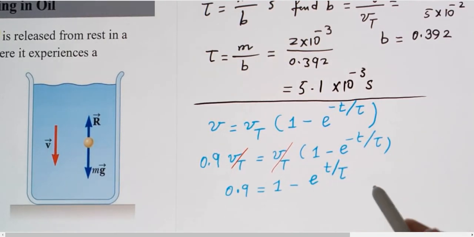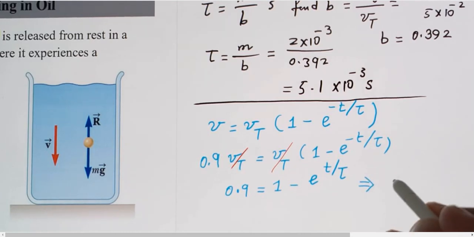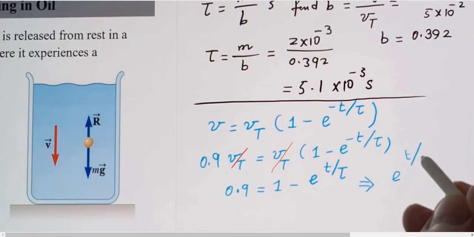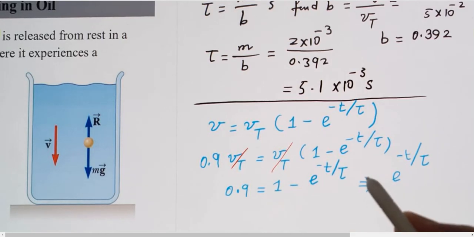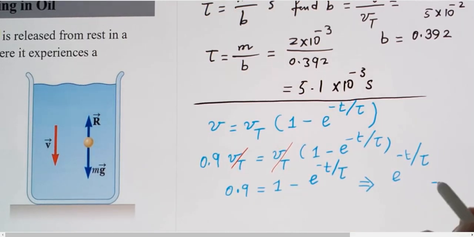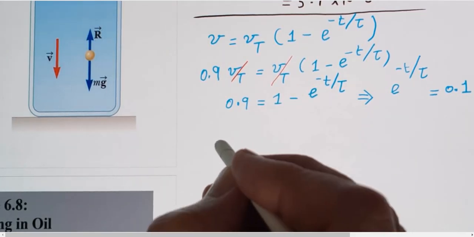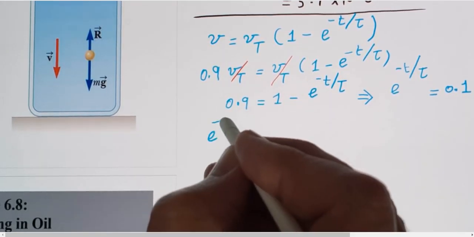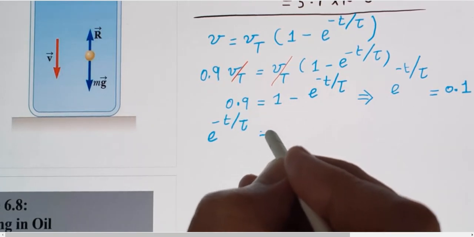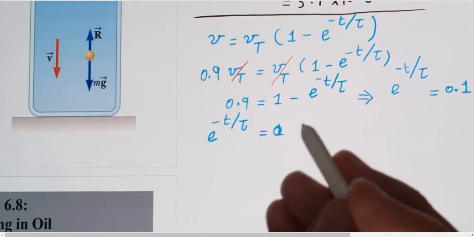Well, that means e to the power minus t over tau is equal 0.1. So 1 minus something is equal 0.9. That means this something is 0.1. طيب, so e to the power minus t over tau is equal 0.1, sorry.